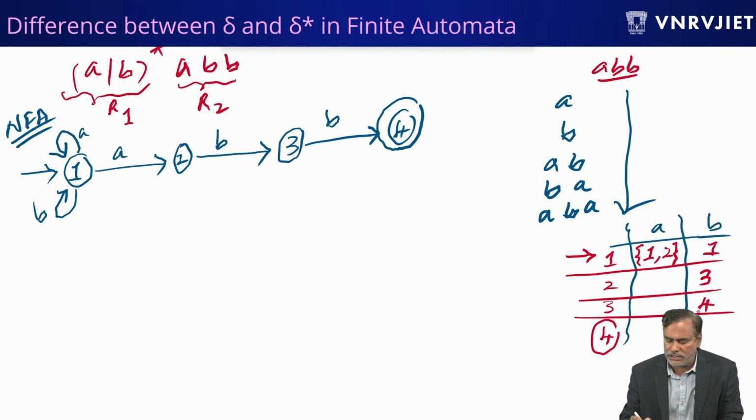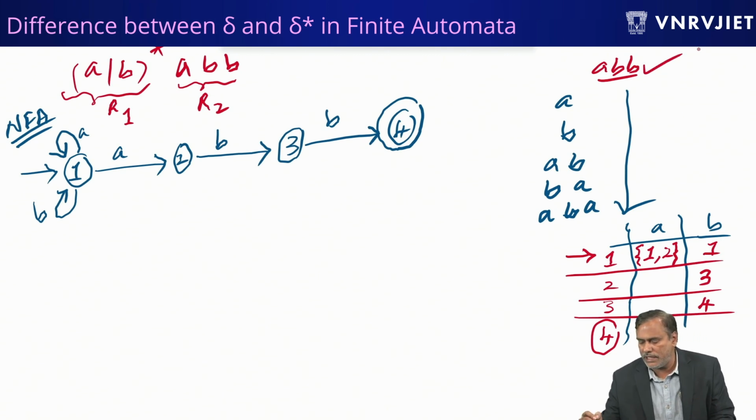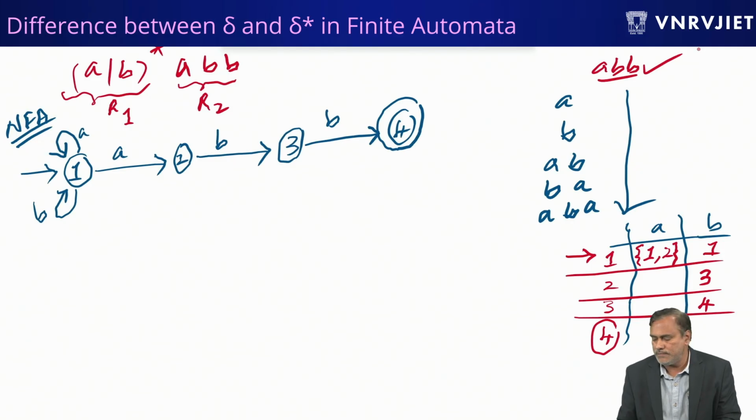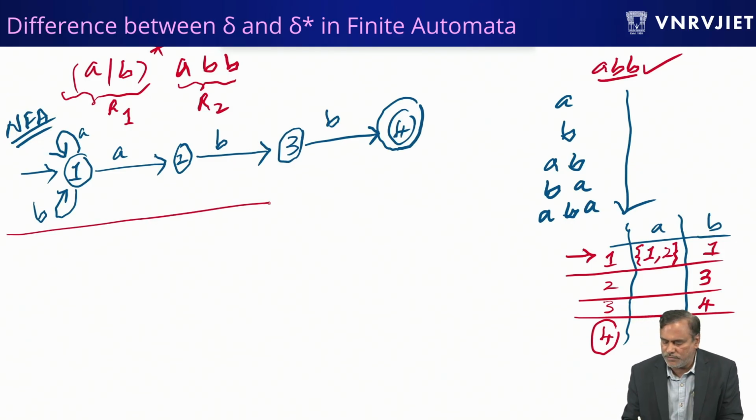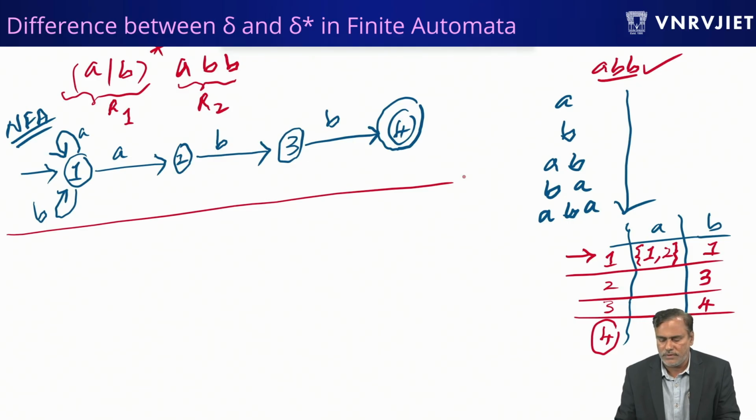If I take some string which belongs to this language, suppose I take delta star of q on abb, it always starts from the start state. The start state for this NFA is 1. So delta star of 1 on abb, how is it going to be processed?